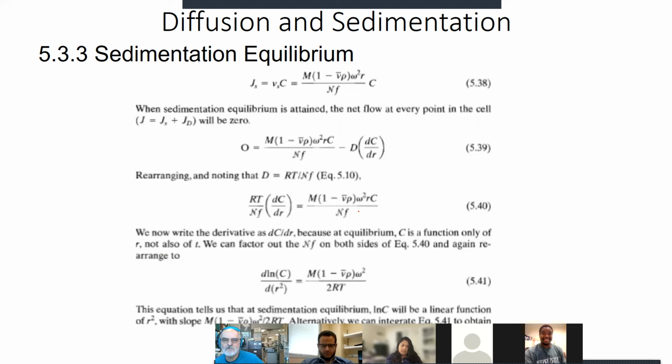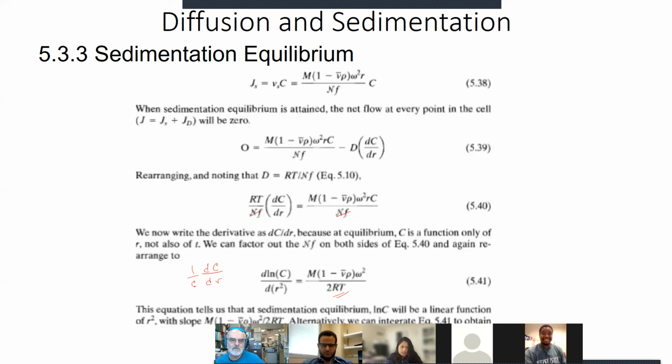So the NFs will cancel. This C will come to the left. And so we'll have dC dr, 1 over C. This RT will come to the other side.